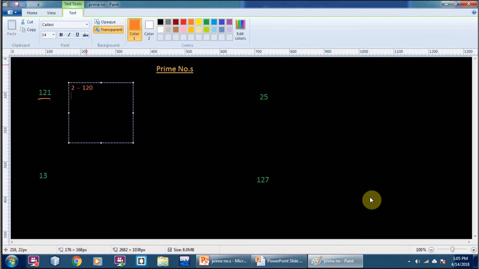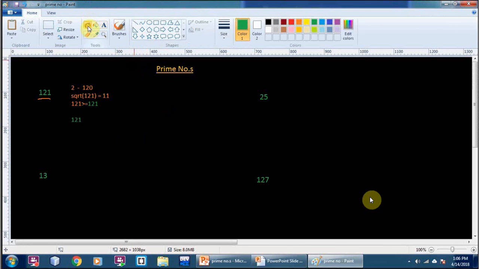So its shortcut method is, I'm taking the square root of 121. We know that is equal to 11. It means I will only check whether 121 is divisible by 2 to 11. If any number from 2 to 11 divides 121, it means that 121 is not a prime number.